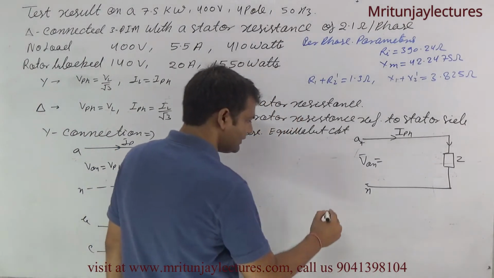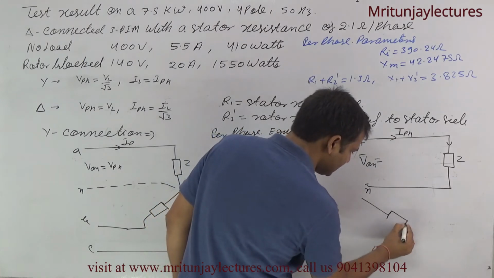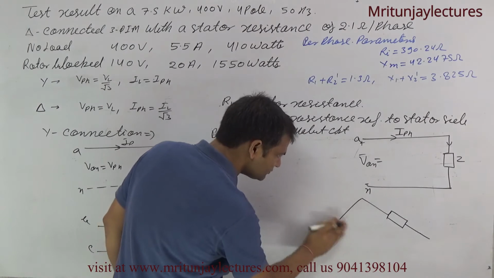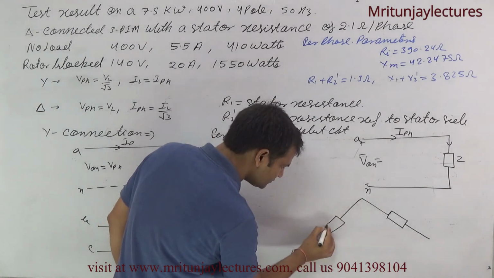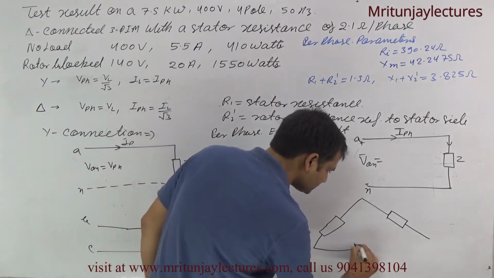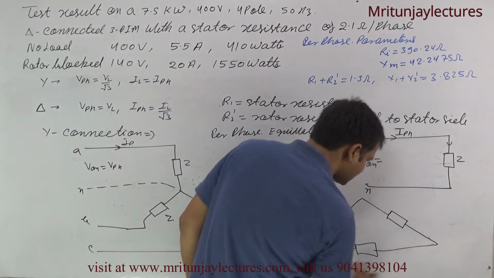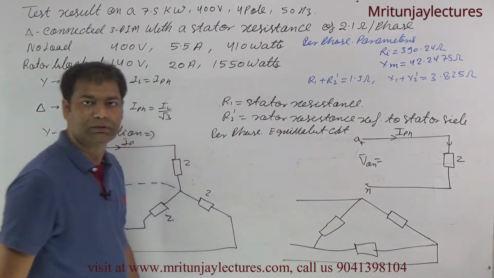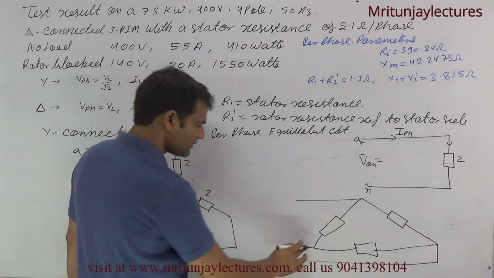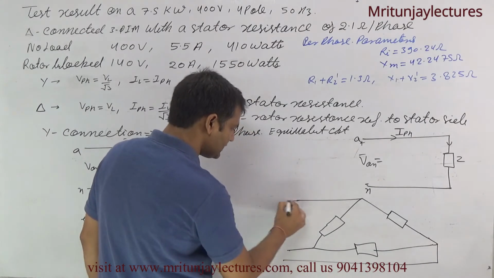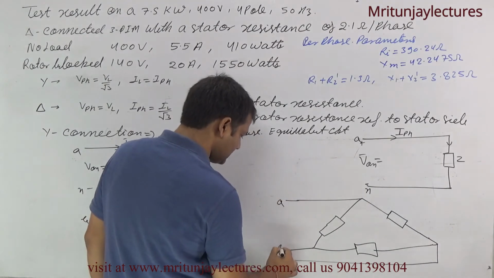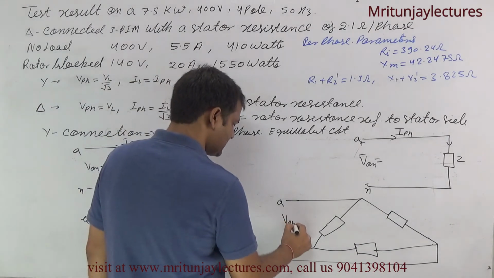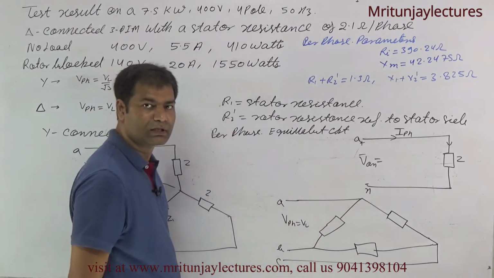I know that in case of delta connection, you know that this is A and B and C. This one is a phase voltage and line voltage, both are same.